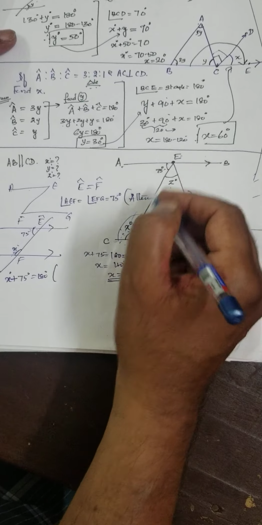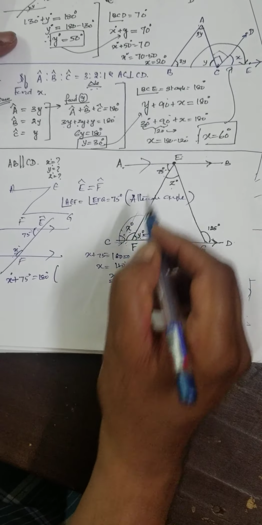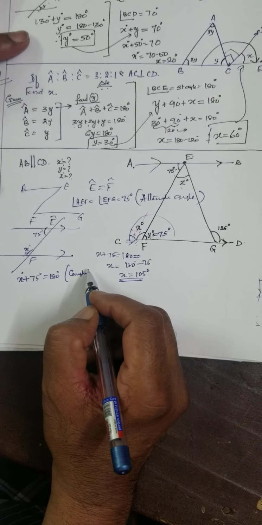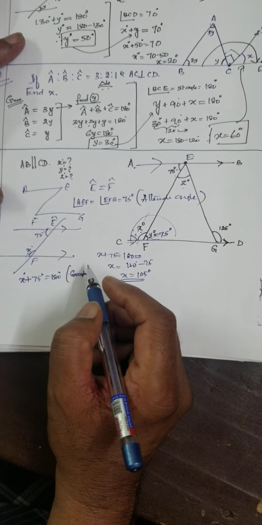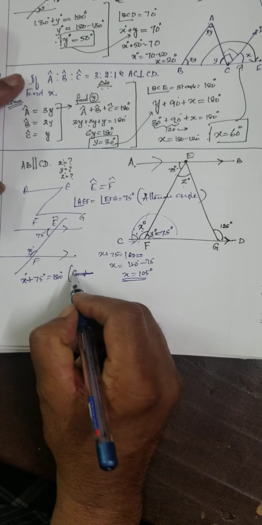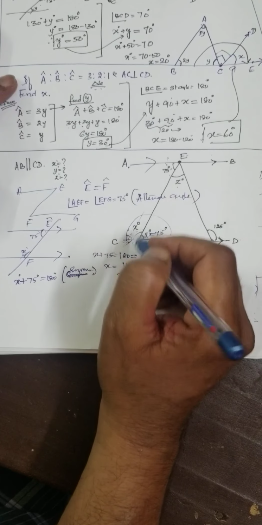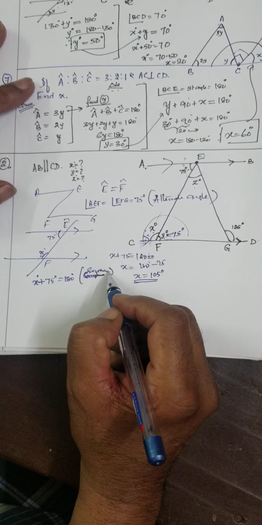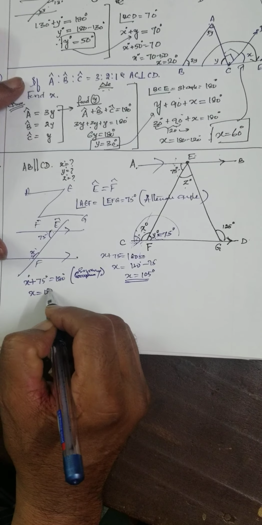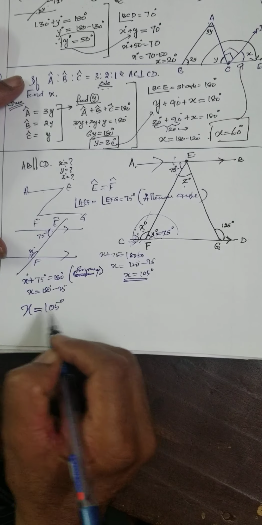Some of them are interior angles, lying between the two parallel lines. They are supplementary angles, right? Supplementary interior angles lie between the two parallel lines. Therefore x is equal to 180 minus 75. Therefore x is equal to 105 degrees.